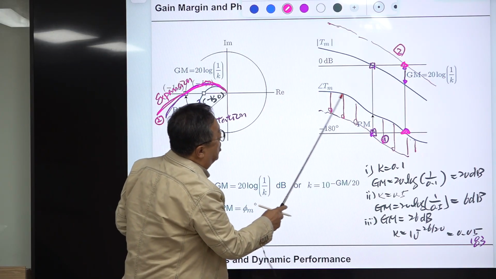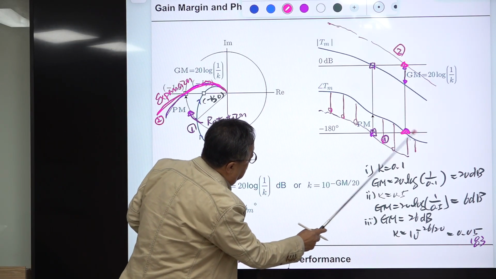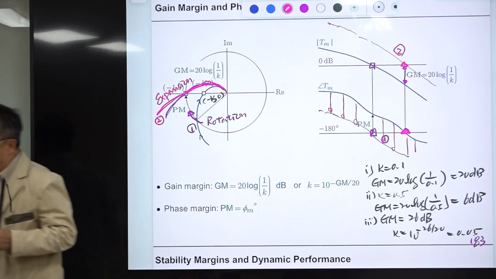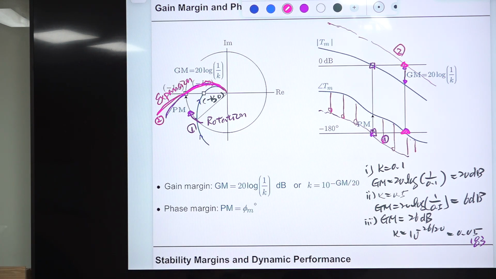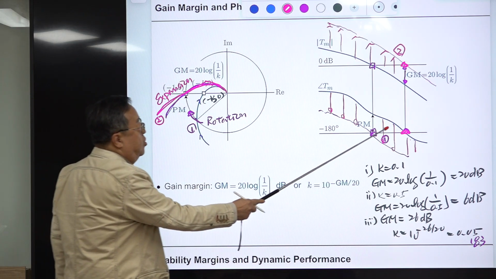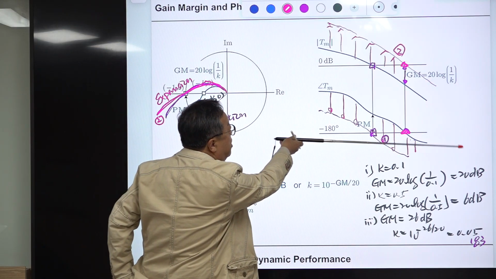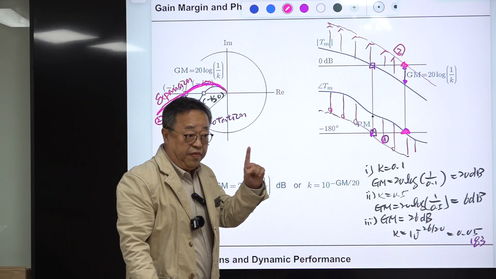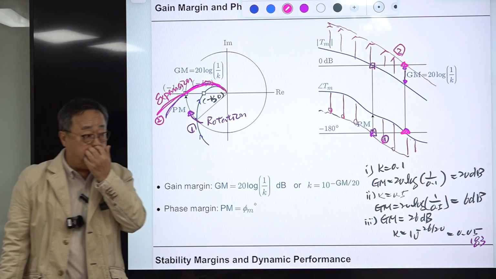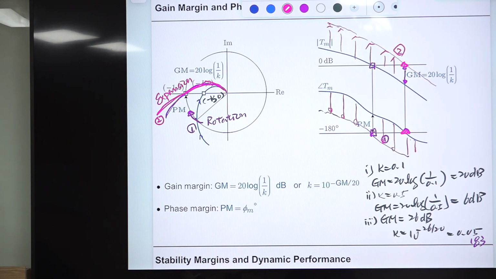So you keep this and increase the gain this much uniformly for all frequencies. That becomes this situation. And then when phase drops to minus 180 degrees, magnitude is 1. That is the condition for the borderline between stability and instability.